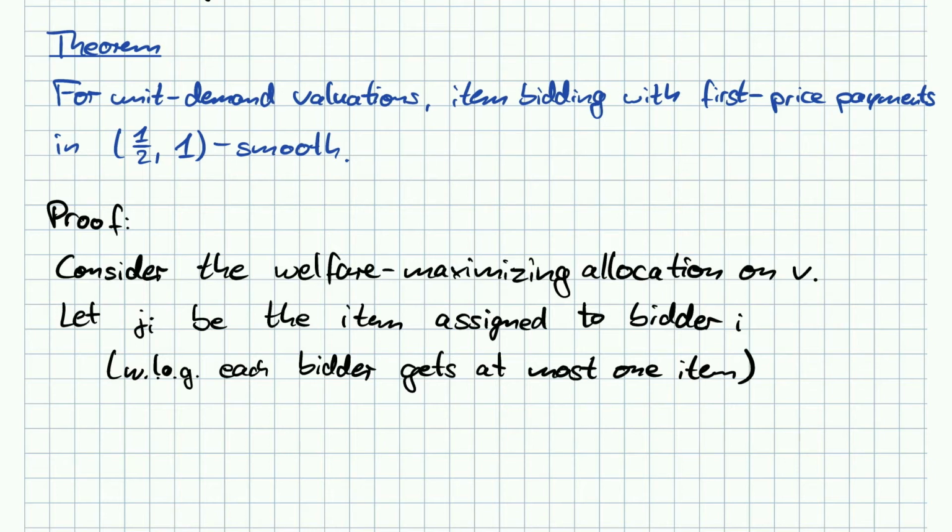And we let ji be 0 if i does not get any item.